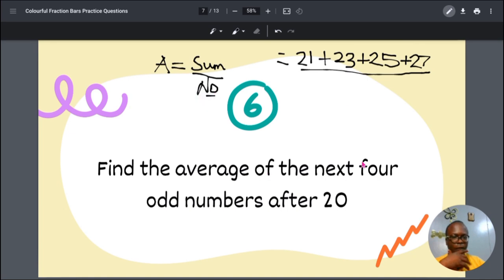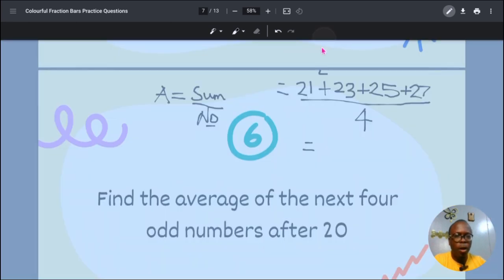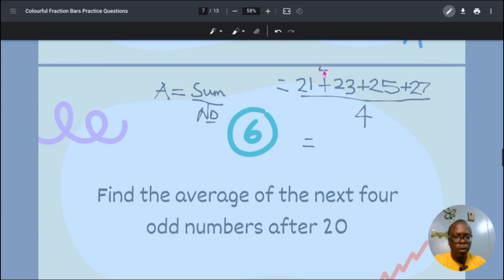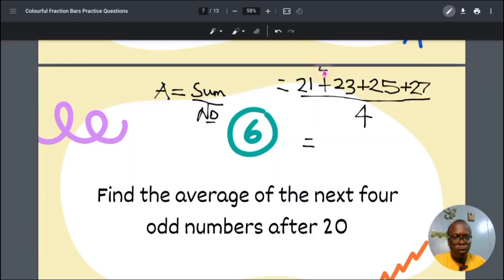How many are they? They are 4 in number, so over 4. That is how you work average: the sum of the numbers divided by their number. Adding 21 plus 23 gives us 44.